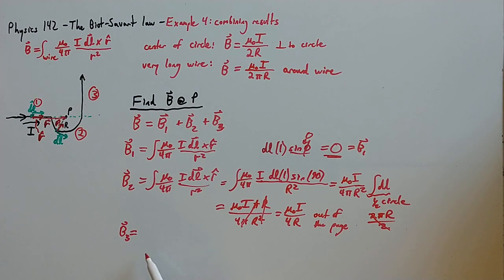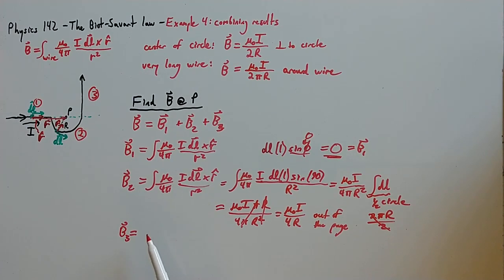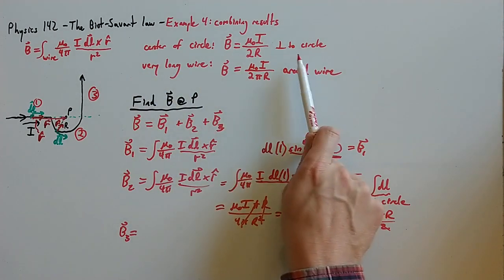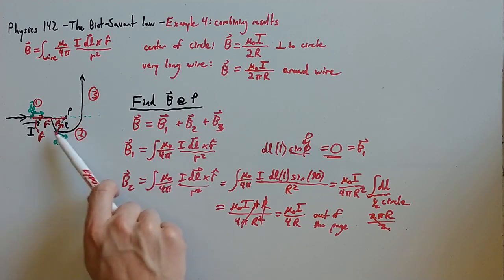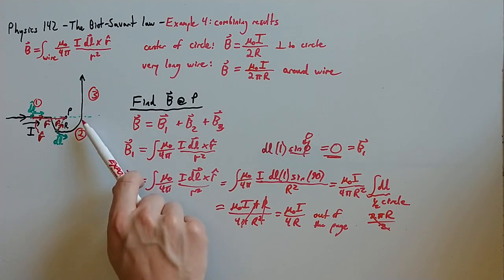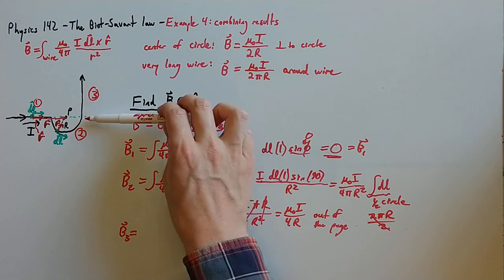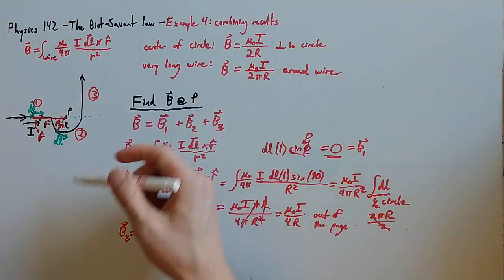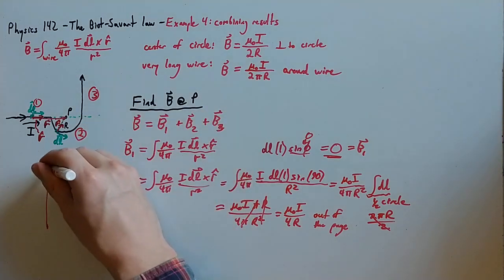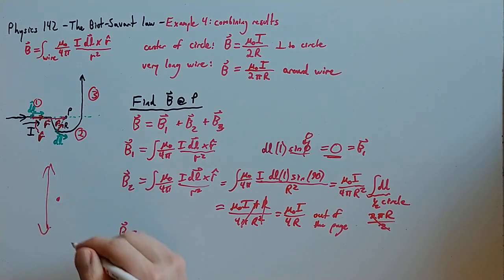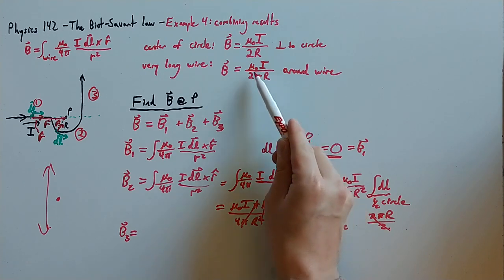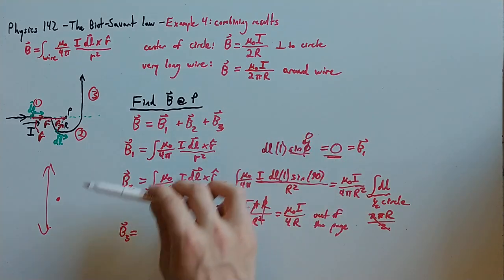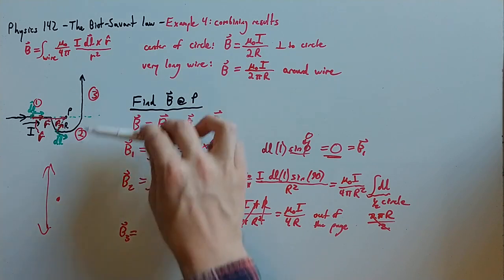Again, we'd write down the Biot-Savart law. And here, rather than go through it all, I'm just going to use the reasoning. We found that when we use half of a circle, we just got half the magnetic field because we only had half of the dl's contributing, half the little pieces of current. Similarly here, before we did a really long wire, and we were thinking about being at the middle of that wire, and we got the result mu naught I over 2 pi r. Well, here we could think of point P as being at the end of a wire.